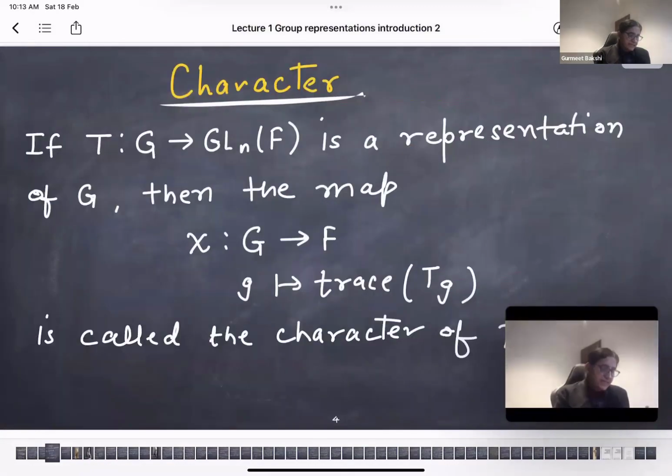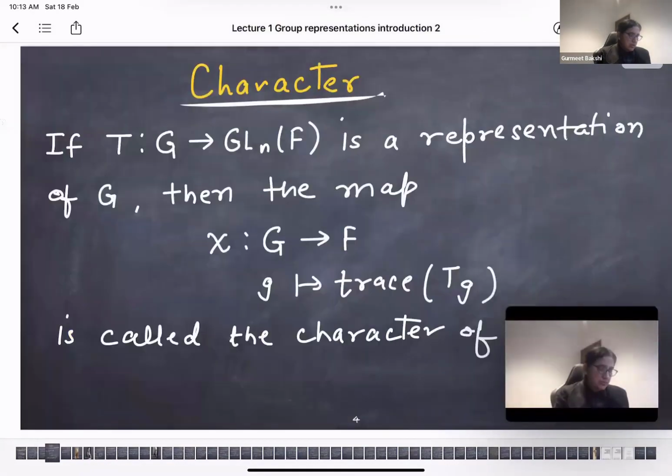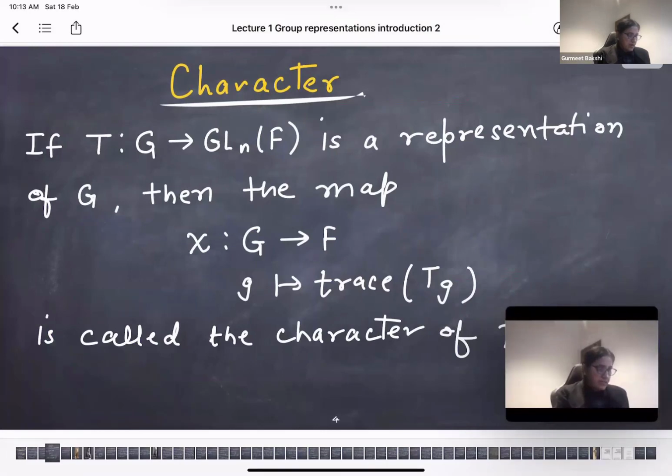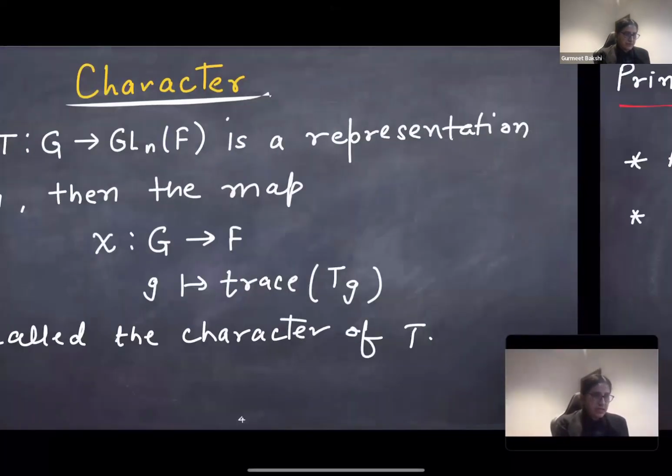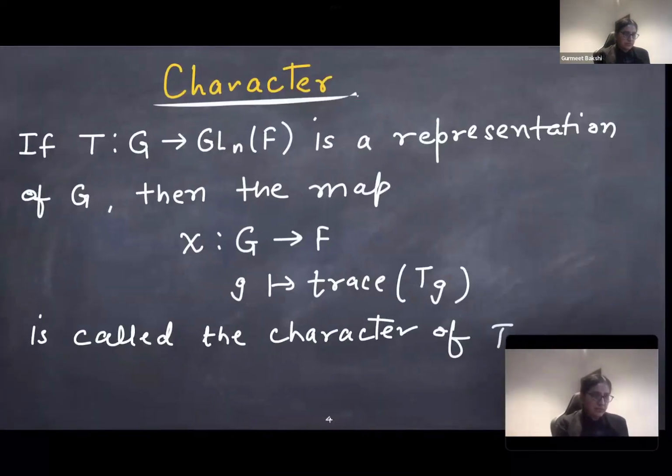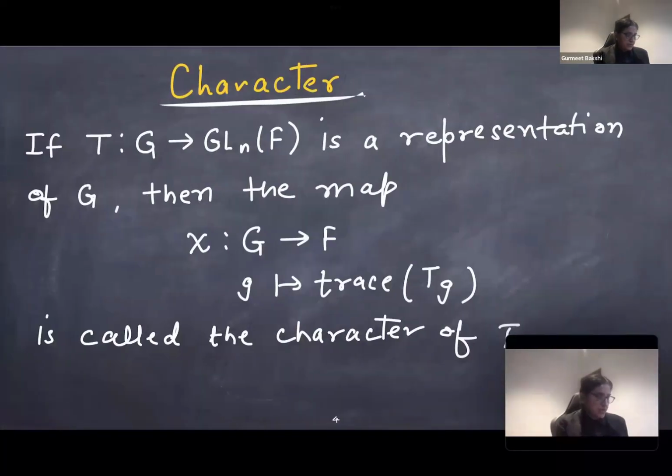So what is the character? Given this representation of G, given this homomorphism from G to GL_n(F), for each g there is an invertible n by n matrix over F. You take the trace of that matrix.